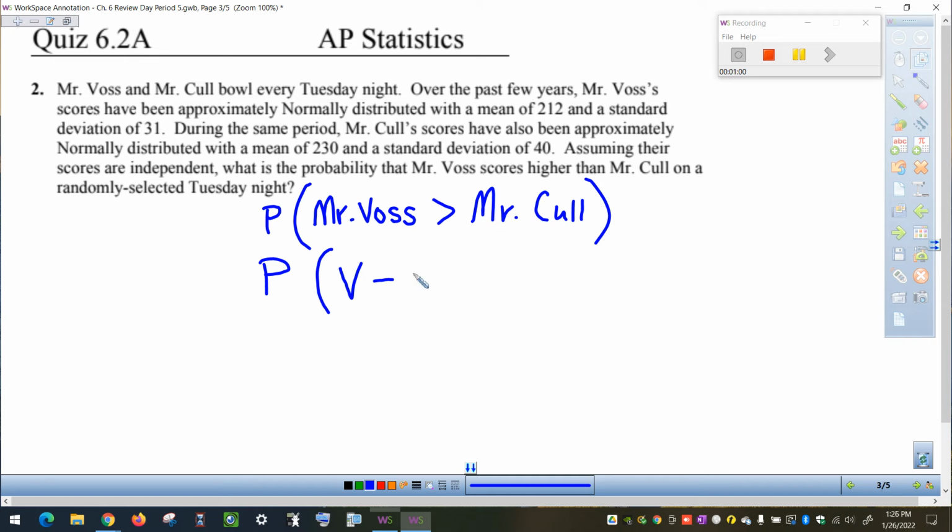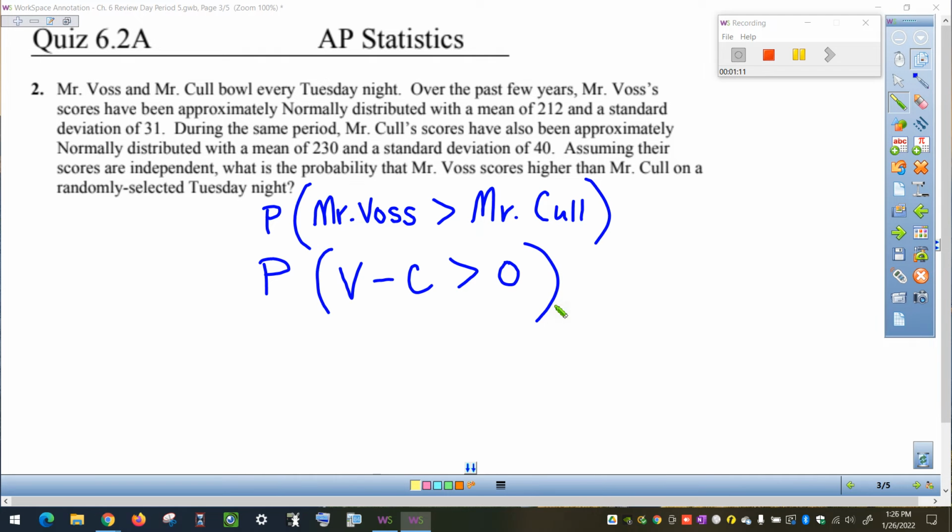If we were to subtract Mr. Cole's score from both sides, what we're really trying to find out is the probability that the difference between the two is greater than 0. And so this was back in 6.2. So here we're going to be thinking about our rules for combining random variables to figure out that difference.